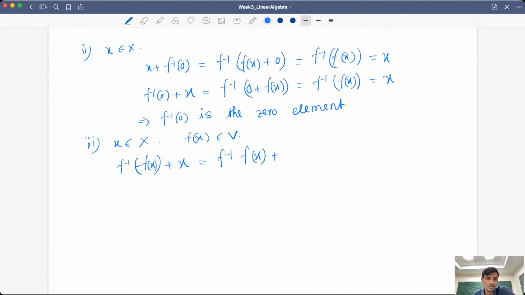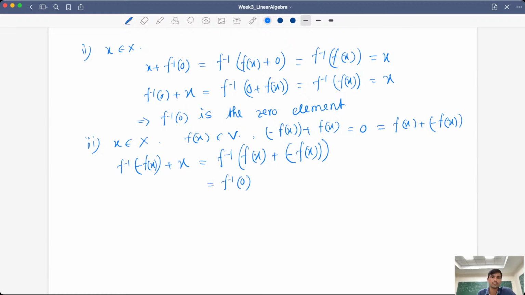So I'm claiming that this is my inverse, and this is my inverse because by definition, f inverse of fx plus f of f inverse of minus fx, so this is just minus fx. So here minus fx plus fx, this thing is 0 by definition of the inverse in V. So this is again f inverse of 0, and f inverse 0 is the identity, so this is this thing.